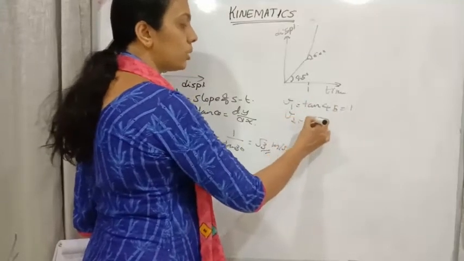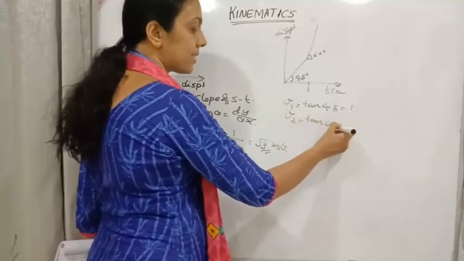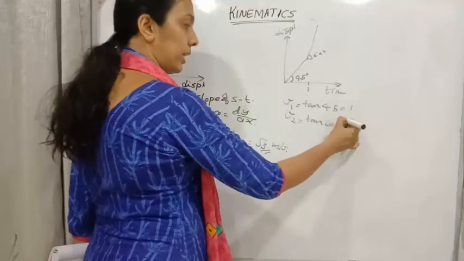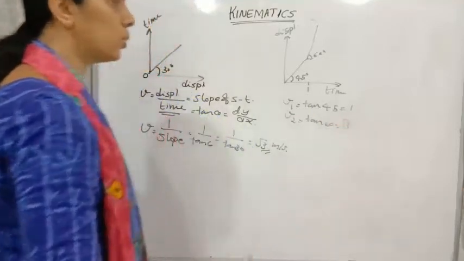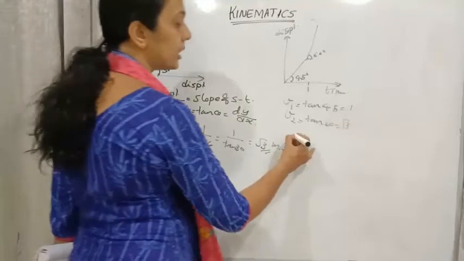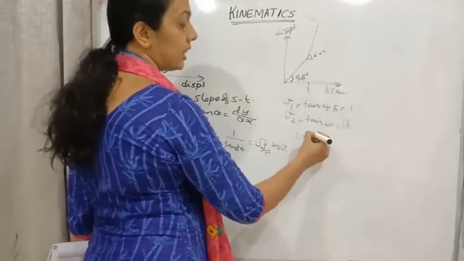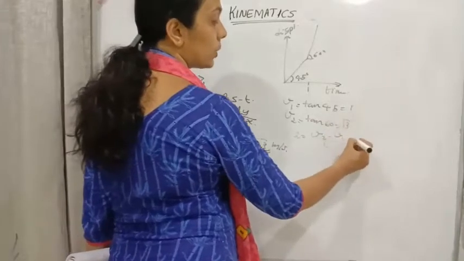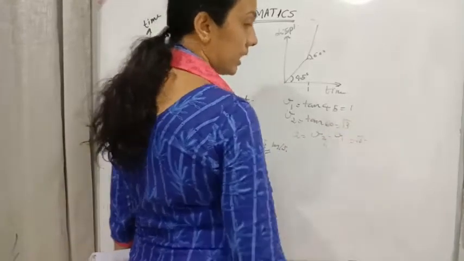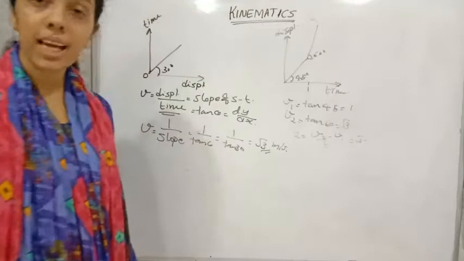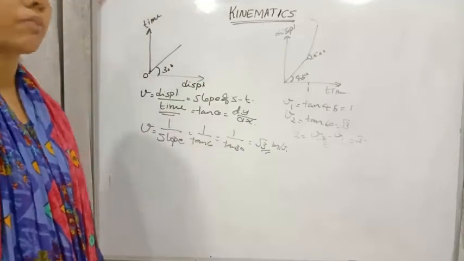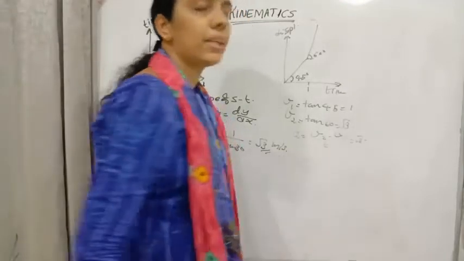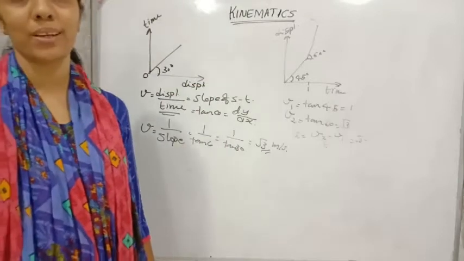V2 will be equal to tan 60, which is root 3. Therefore, we can find the acceleration. Acceleration equals change in velocity divided by time. The change in velocity is root 3 minus 1, divided by a time of 1 second. So the final answer is root 3 minus 1 meter per second square.